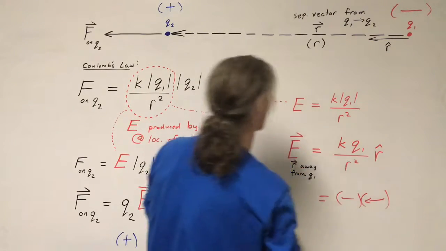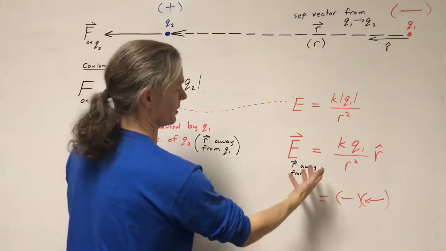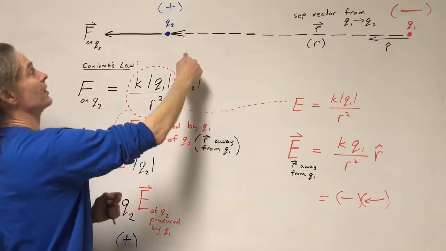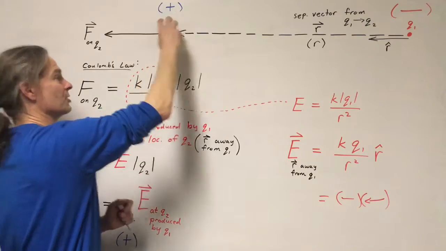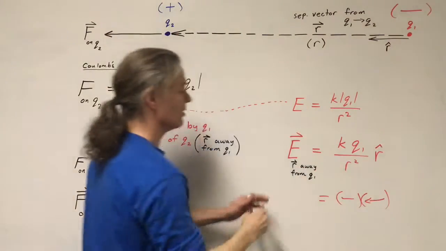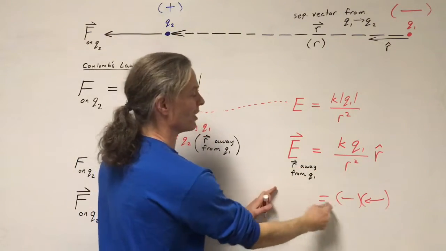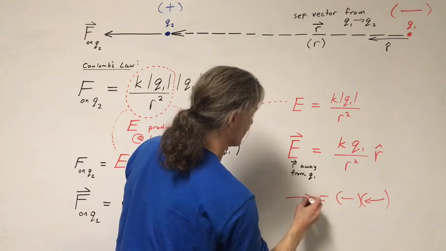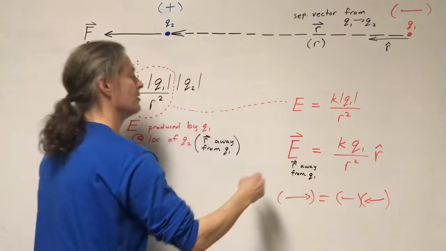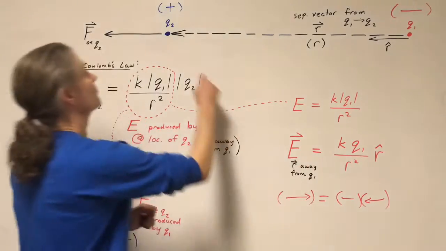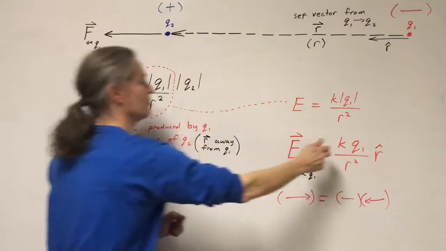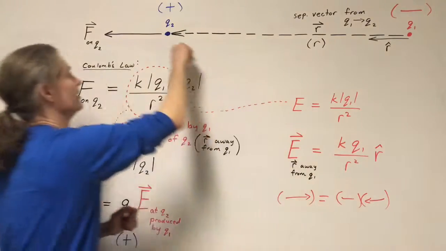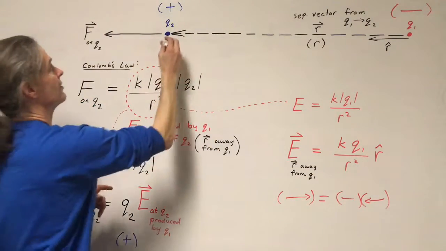And all that is a recipe for the magnitude and the direction of the electric field produced at this location due to charge 1. Well, I've got the negative of left, so that's going to give me a vector to the right. So the electric field produced at charge 2 by charge 1 will be an electric field vector to the right.